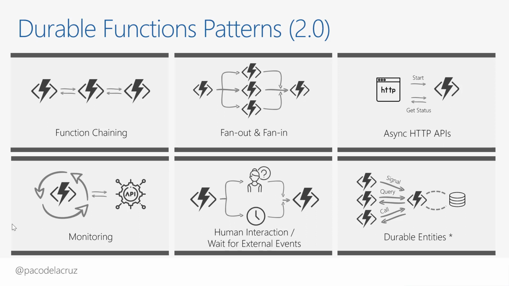Orchestrations can query the state of your durable entity, and any other function can get the state of your durable entity, and orchestrators can call your durable entity. So if you need something to be request-response, you need to do it through an orchestrator function.